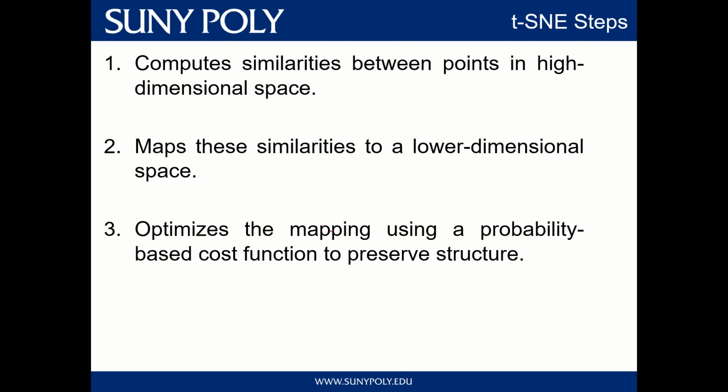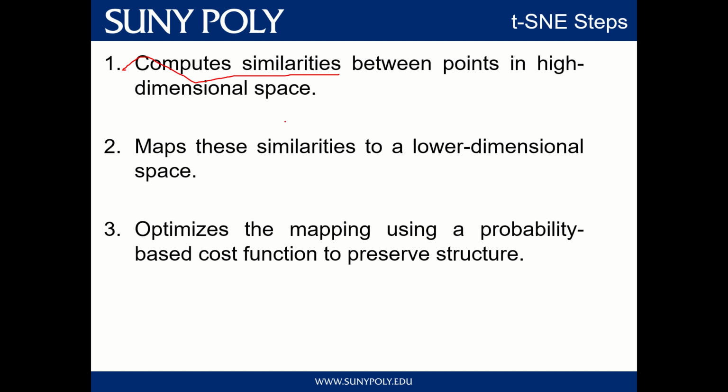Now, what are the steps of this algorithm? First, we compute the similarities between points in the original space. This is important because with these similarities, we know which points are similar, which are close to each other, and which on the contrary are different. So with these metrics, with the similarity, we will be able to put them together.